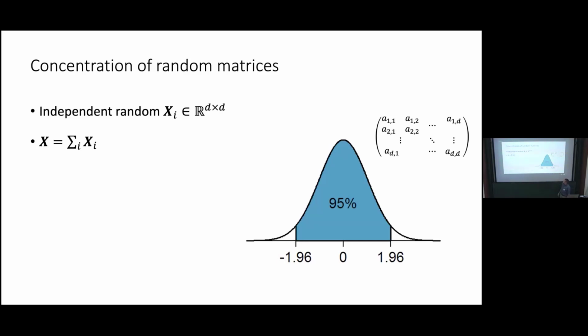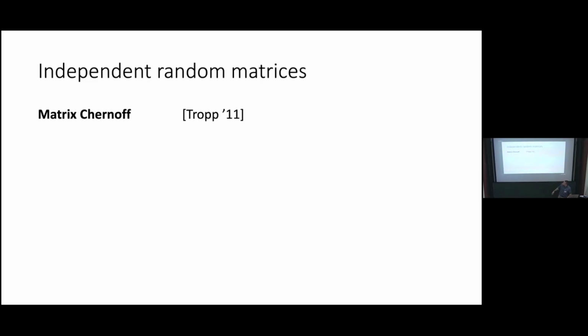Let's say they are also symmetric, and we denote the sum with X, and then we ask if we can find an analogue of the Chernoff bound we have for scalars. And the answer is yes.